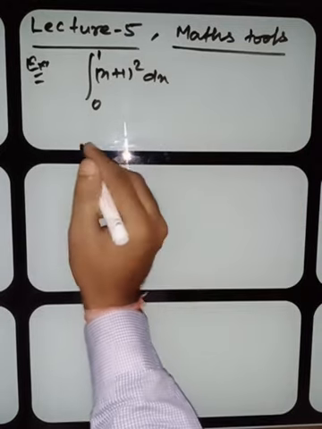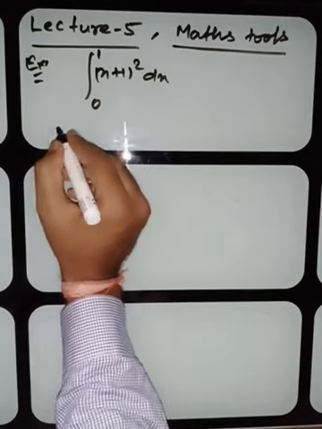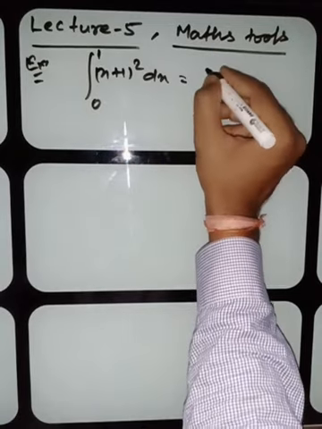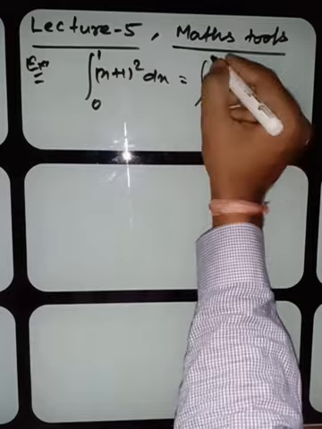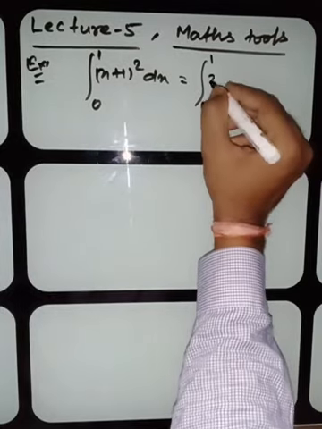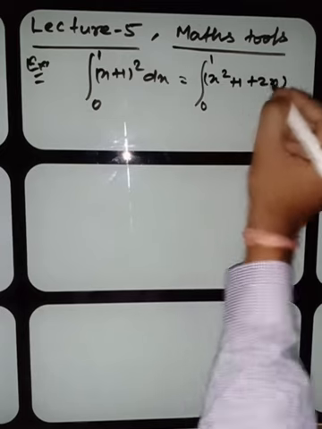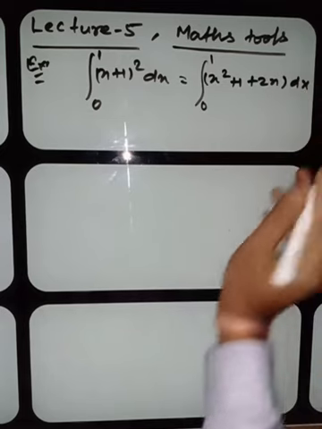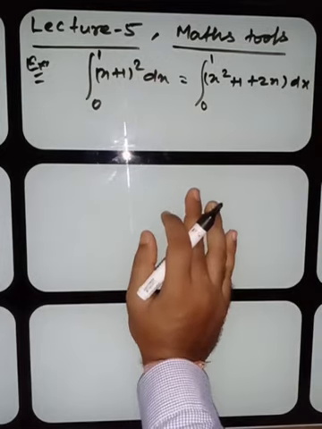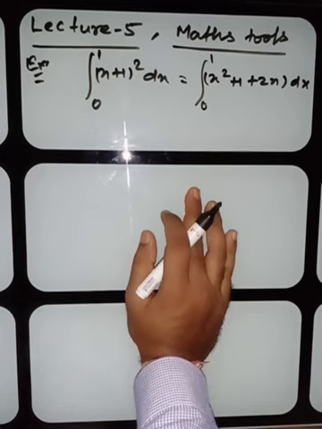Okay, let me solve now. What we have to do actually, first we have to break it: x square plus 1 plus twice x dx. All right, the same thing we did in indefinite integration.